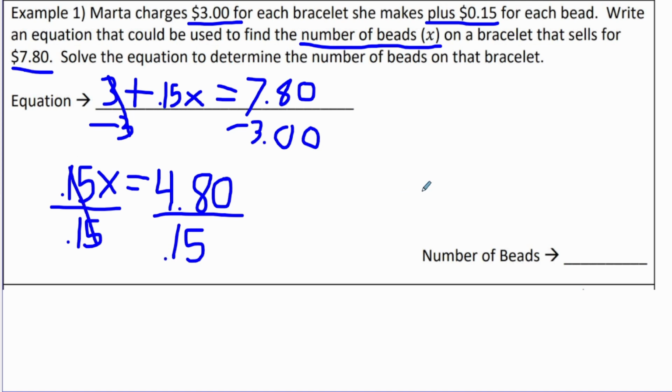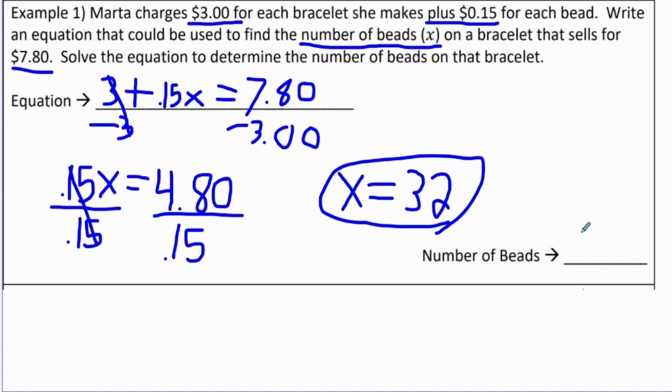Those cancel, and we get x equal 32. Over here, we'll put in 32. All right, so make sure in these problems you show all your work.